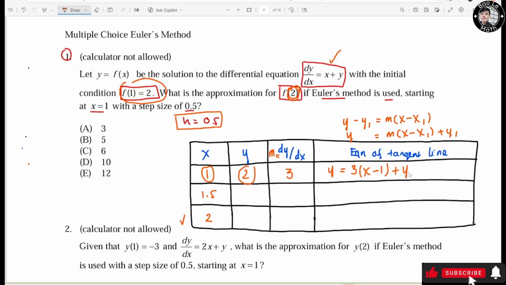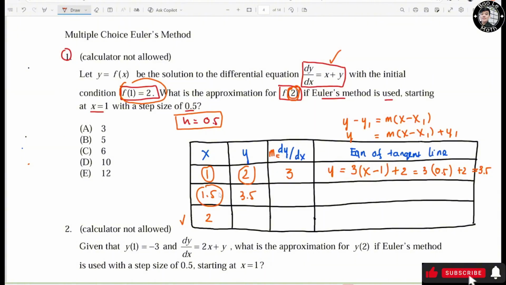Now we substitute 1.5 for x into this equation to find the new y value. So we have 3 times (1.5 minus 1), which is 0.5, plus 2. So it's going to be 3.5. Right here I just put 3.5.